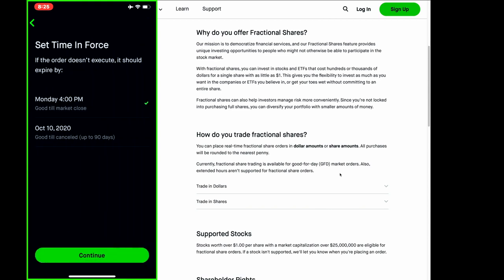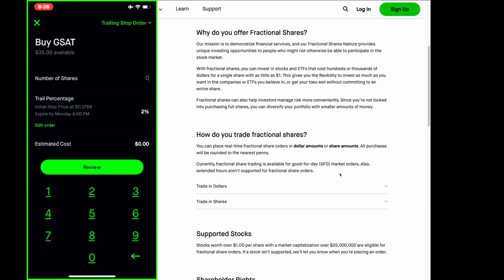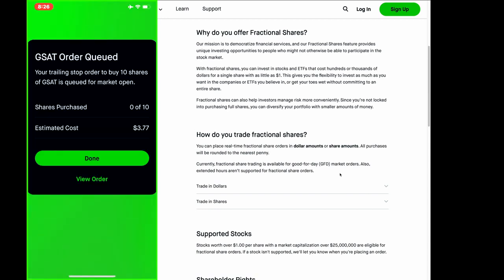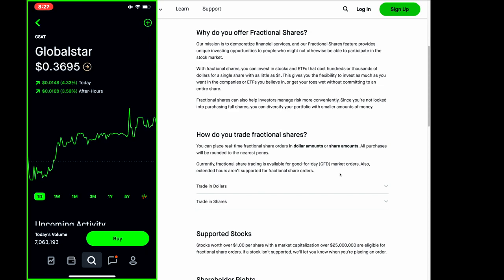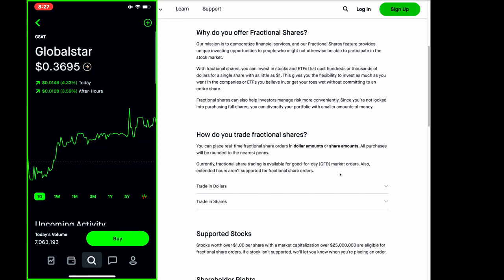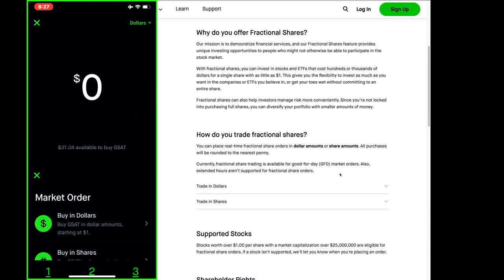I'm going to leave it time in force for just the day, Monday at 4 p.m. It will cancel if it doesn't get filled. I just have to give it how many shares. I want 10 shares. Swipe up. Order received. It's going to cost me $3.77 because it's free commissions, and I'm done. But you know what? I don't want that order to go through, so let me cancel it again, and it's done.